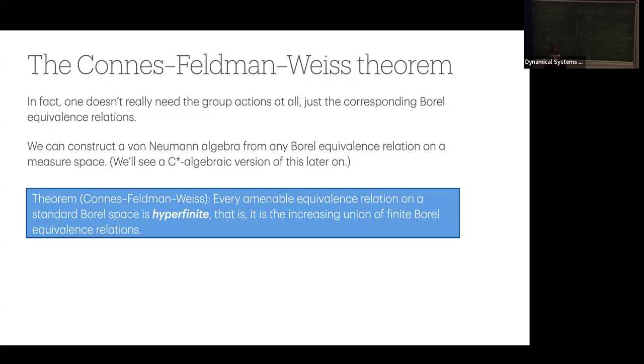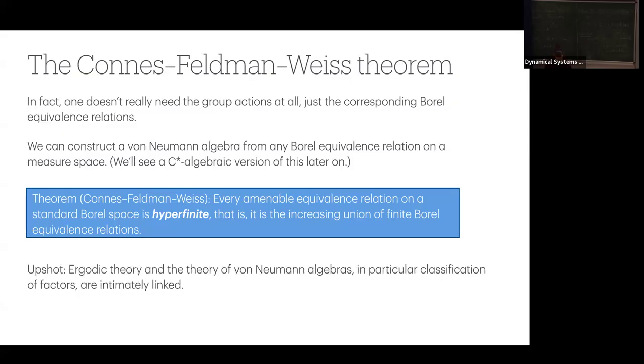And hyperfinite here is essentially the equivalence relation version of what we saw for von Neumann algebras. It just means that there's an increasing union of finite equivalence relations that give you the countable one. So the upshot is that ergodic theory and the theory of von Neumann algebras, in particular Connes's classification of factors, is really intimately linked. And they have been since operator algebras really came into existence.